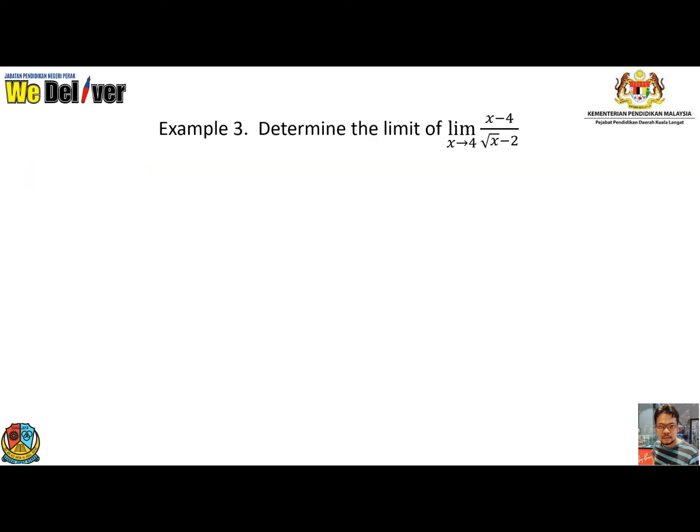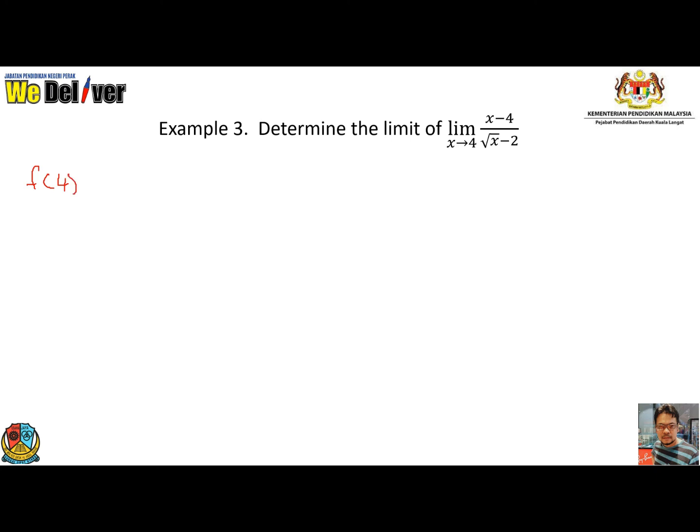Okay, look at example 3. We are going to determine the limit of the function (x minus 4) over (square root of x minus 2) when x approaches 4. As in example 2, we have to find f(4), to test whether f(4) equals 0 over 0 or not.